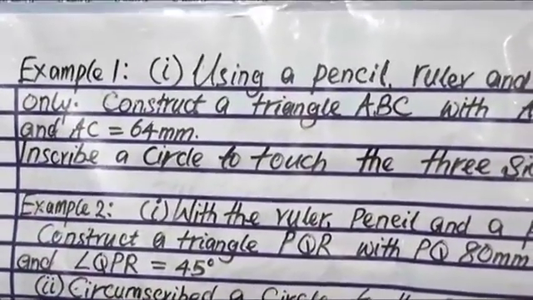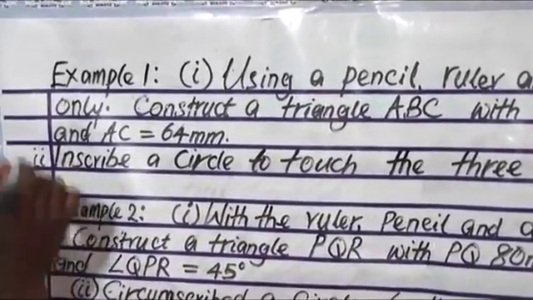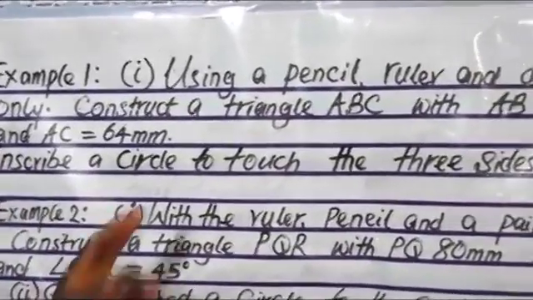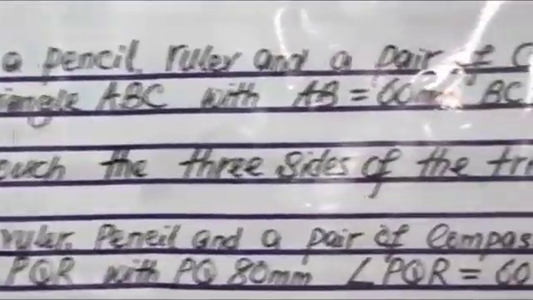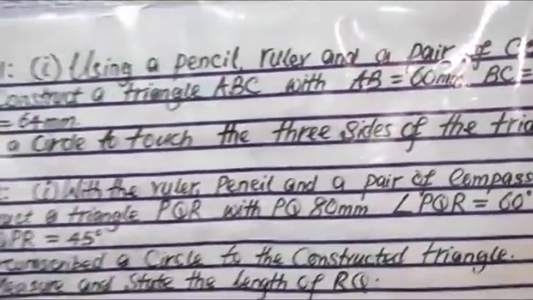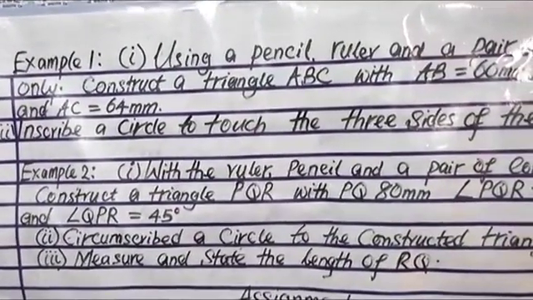The second part of the question says we should inscribe a circle to touch the three sides of the triangle. That is the triangle we are going to construct. So we are going to look at the first question here already. We are going to construct it here. So remember, you are asked to use only pencil, ruler, and a pair of compass.